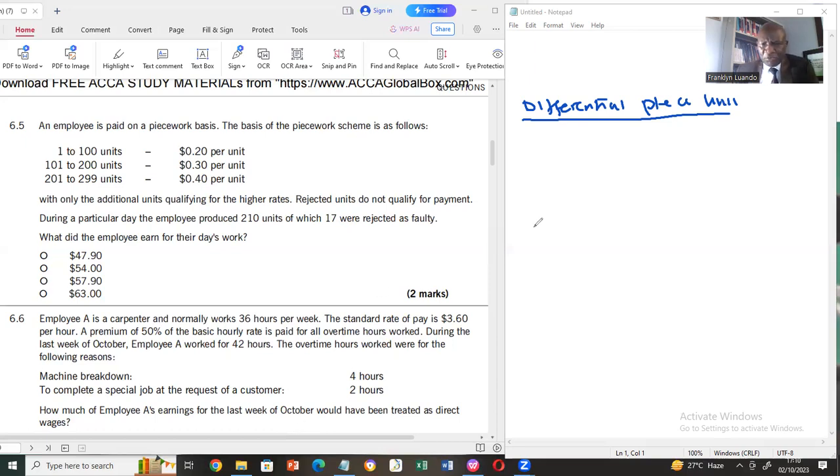First, we have 210 as output, less the rejects, 17. So the employee will only be paid for 193 units. The first band is 100 units, so the first 100 will be paid at 20 cents.